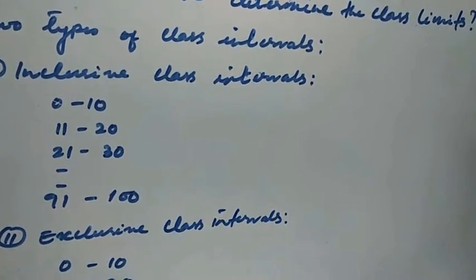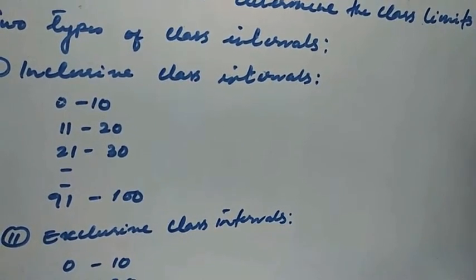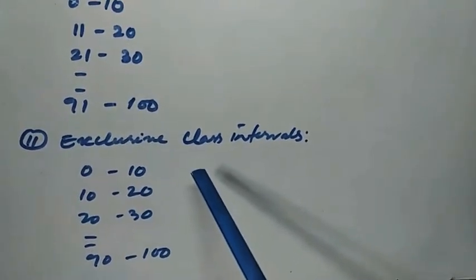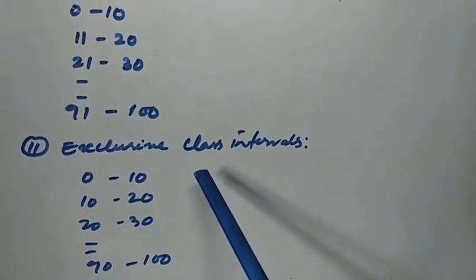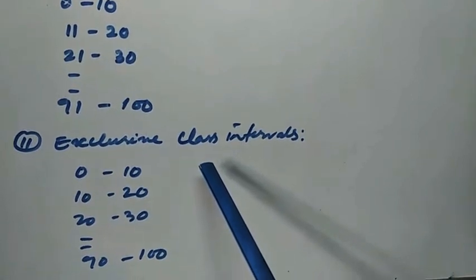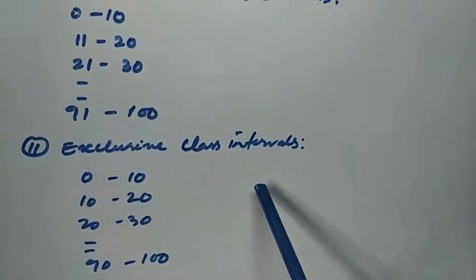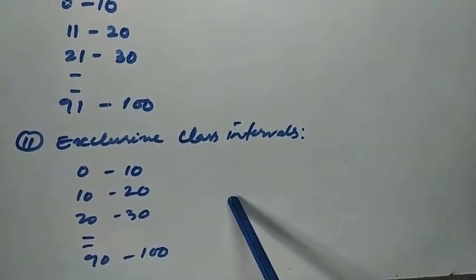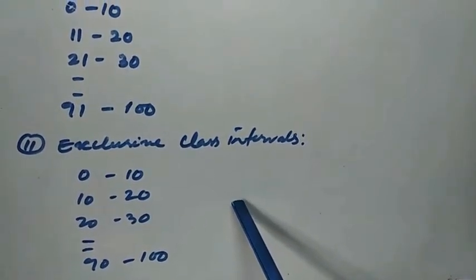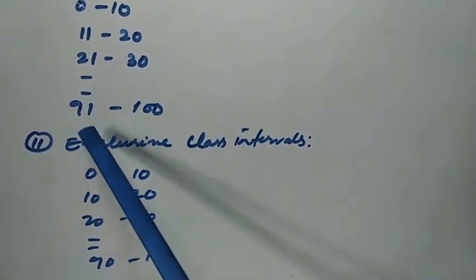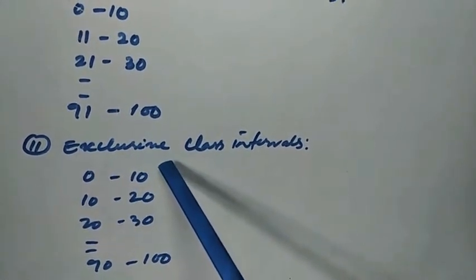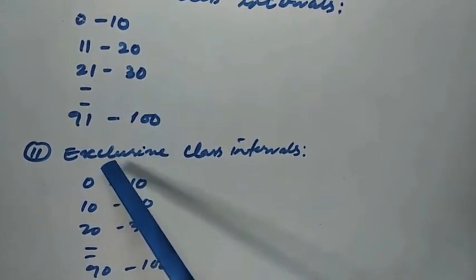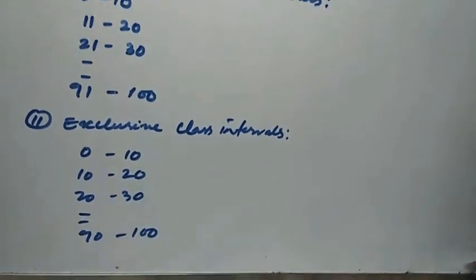So what about exclusive class intervals? In this case, an item equal to either the upper or the lower class limit is excluded. In exclusive class intervals, an item or a number which is equal to either the upper limit or the lower limit is excluded from the frequency of that class.